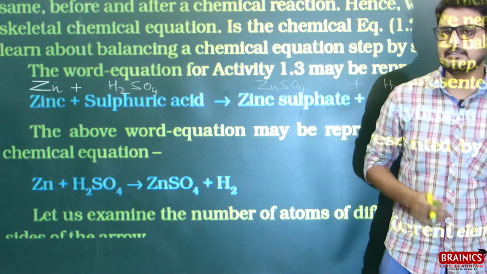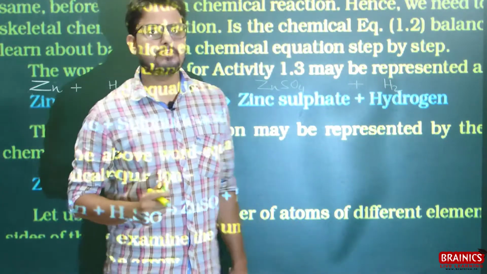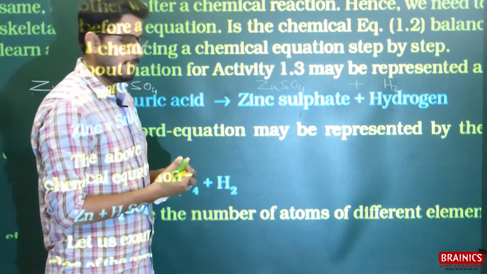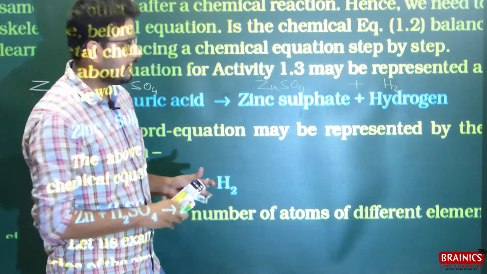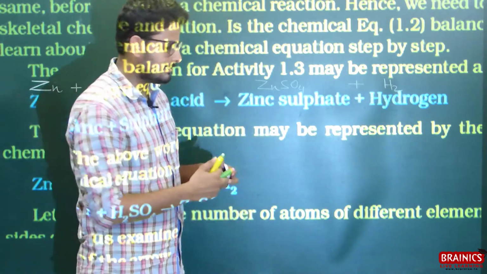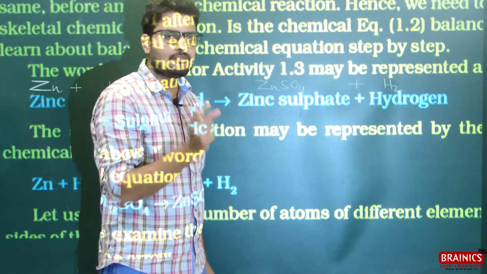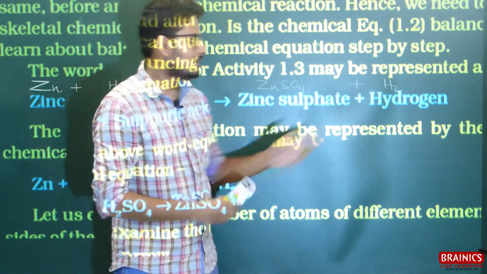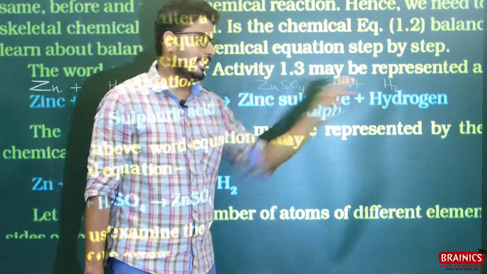Before balancing we need to learn something basic in an equation: compounds, atoms and molecules. If you look at hydrogen, you will see 2. It means there are 2 hydrogen atoms present.